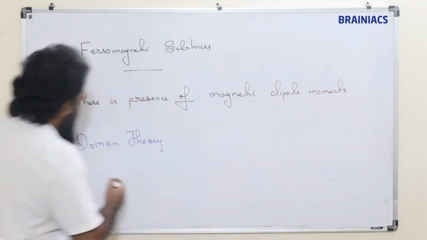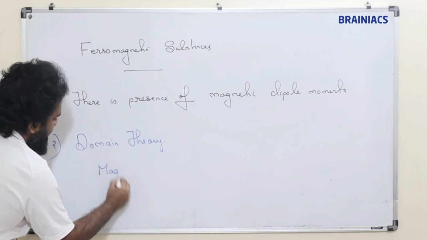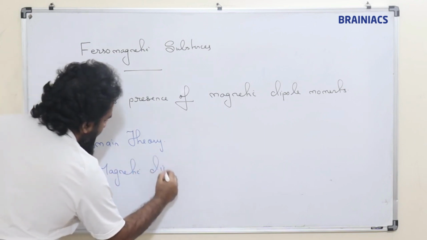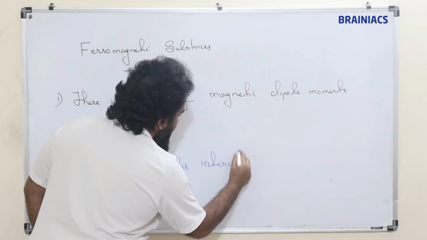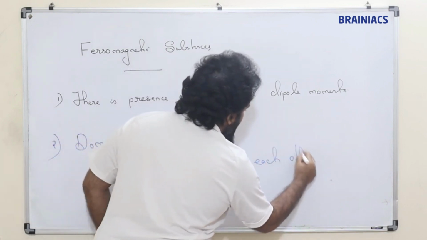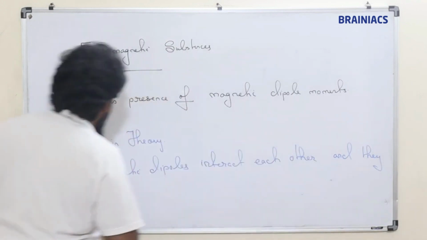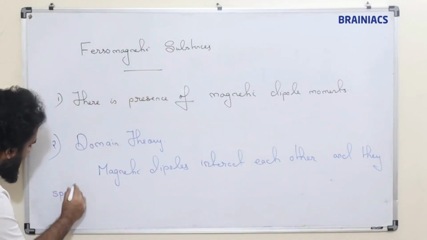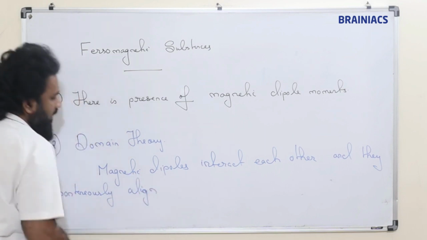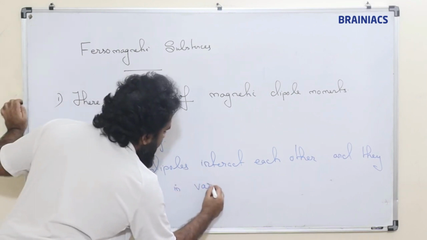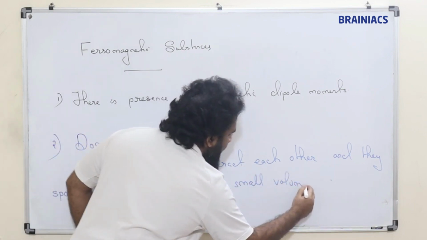They interact with each other, and they spontaneously align in various small volumes called domains.